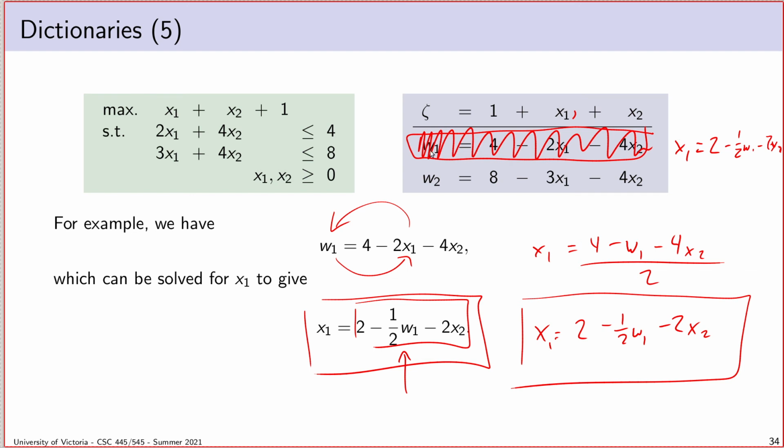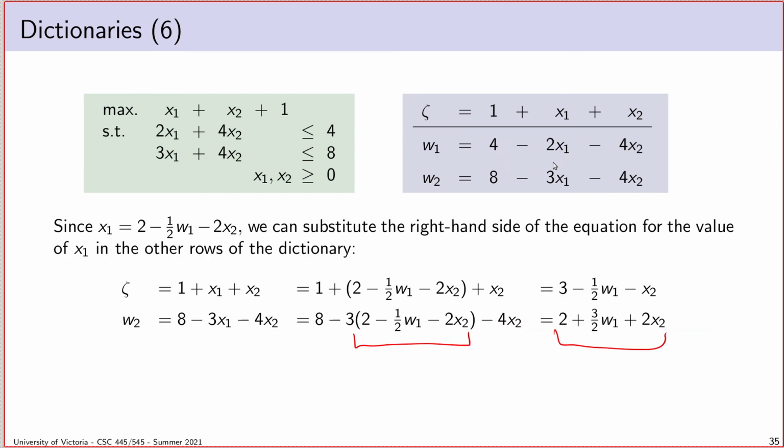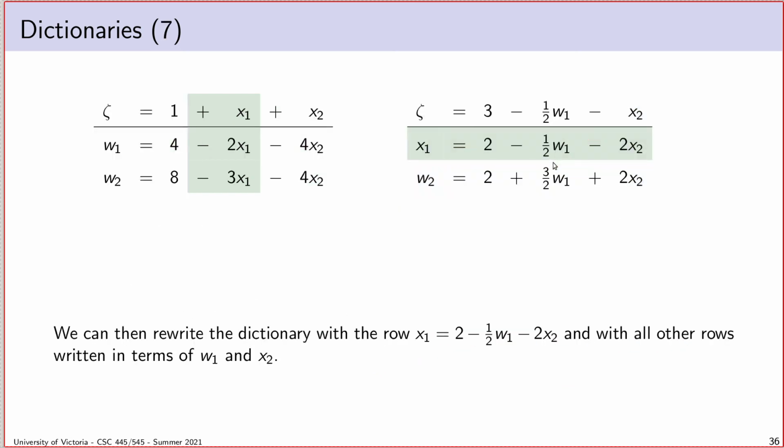And when w1 got a row to itself, w1 didn't appear anywhere else. What if I want x1 to get the same treatment? What I could do is what I've done on the next two slides. I take this definition for x1 and I say this gets to be a row of my dictionary now. And then I plug in the expansion on the right-hand side everywhere else I see x1. And that'll be a way of getting rid of x1 from that column. So I end up with this.